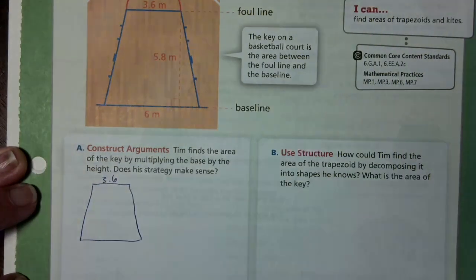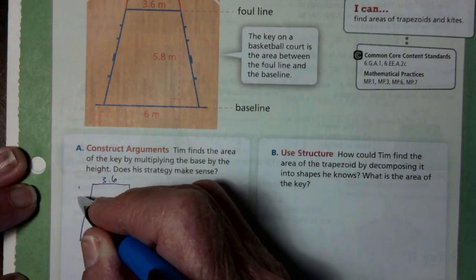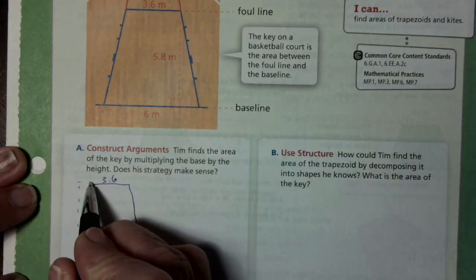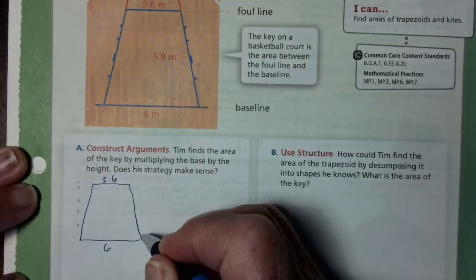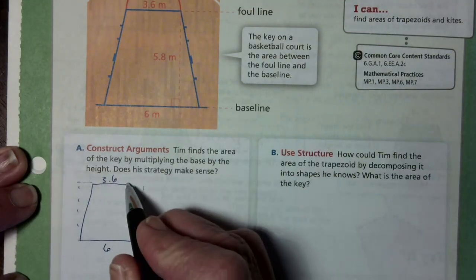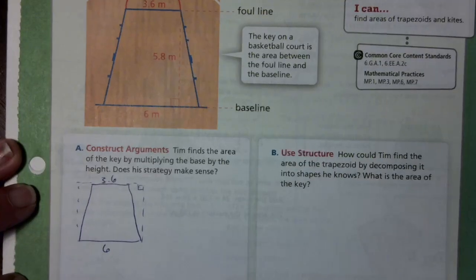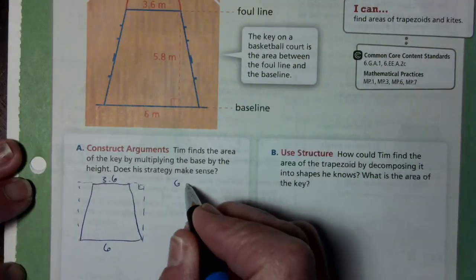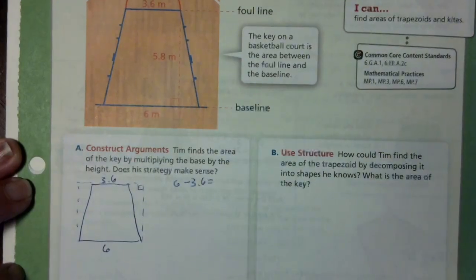This is 3.6 and this is 6. Okay, so this is, if I call this the base, my height is off out here somewhere because my height has got to be perpendicular to my base. Everybody knows perpendicular means at right angles. Agreed? So if I take 6 and subtract off 3.6, what do we get?